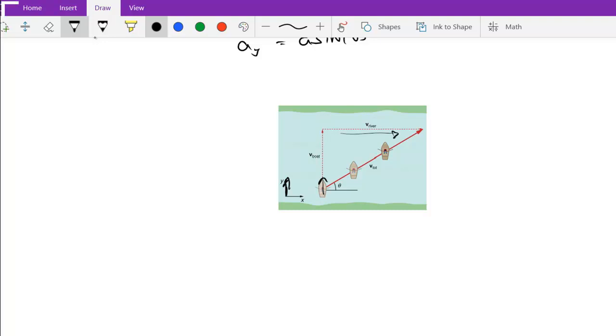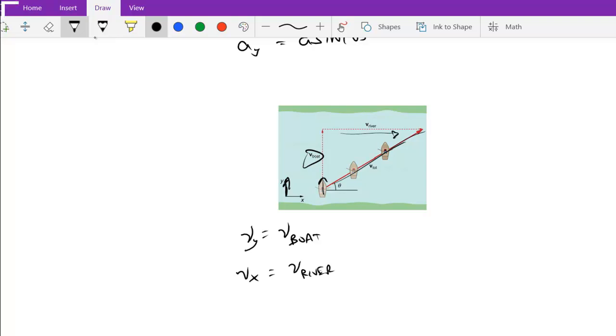So let's say we just want to know how we're moving there. We could find the total velocity, given that we had the velocity of the boat. The velocity in the y direction would be equal to the velocity of the boat as given in this figure, and the velocity in the x direction would be the velocity of the river.